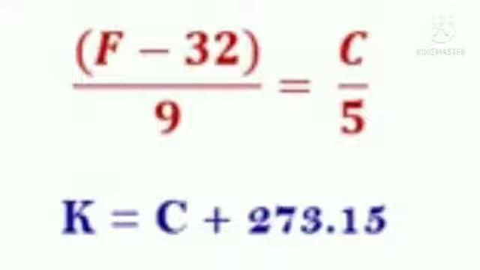The relation between the three units is shown by the formula. First one, (F minus 32) divided by 9 is equal to C divided by 5. Second one, K is equal to C plus 273.15.